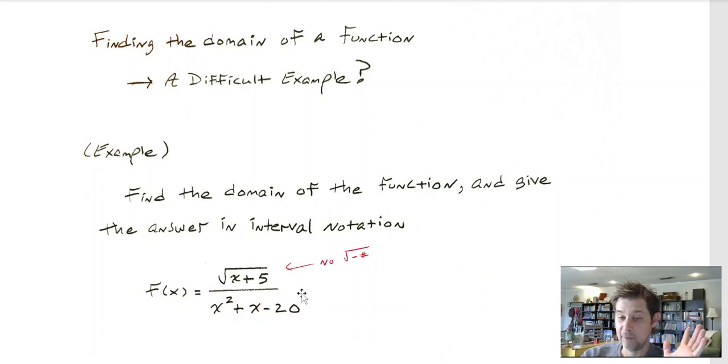Okay, so I see that in the function, and that immediately comes to mind that that's off limits. I can't have whatever number is in there become a negative. Okay, all right. And then down here I see that there's a division bar, and then there's some stuff down there.